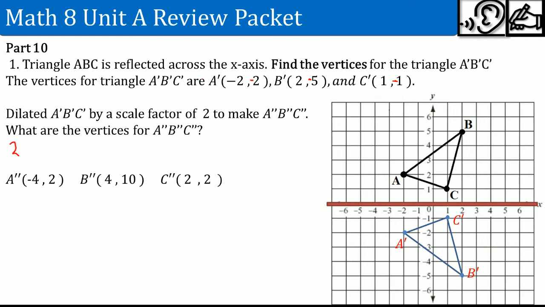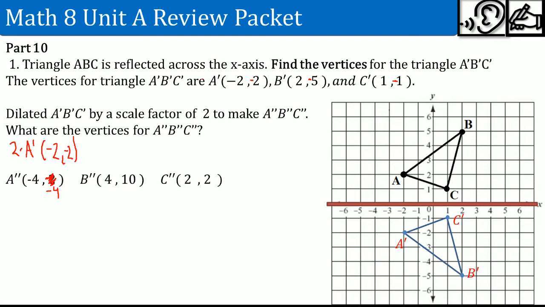Do you see how the 2 is going to be multiplied into the A prime of negative 2, negative 2? So this should be negative 4. This is wrong. So this should be negative 4.